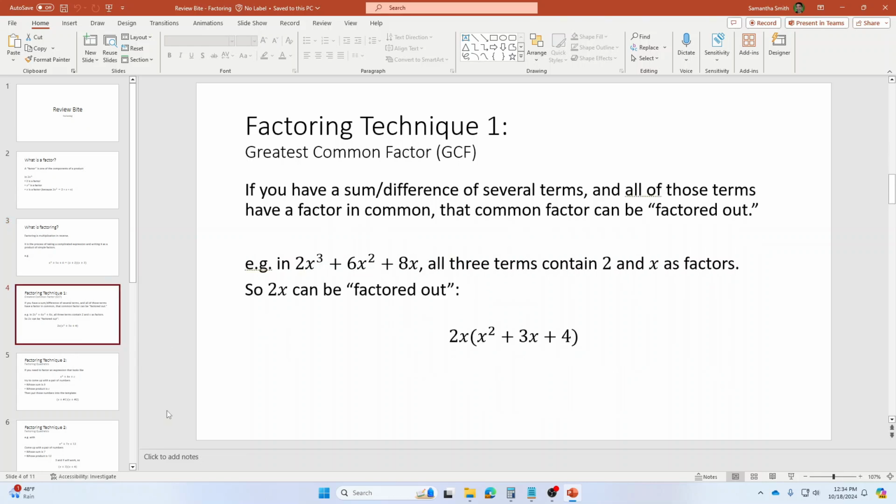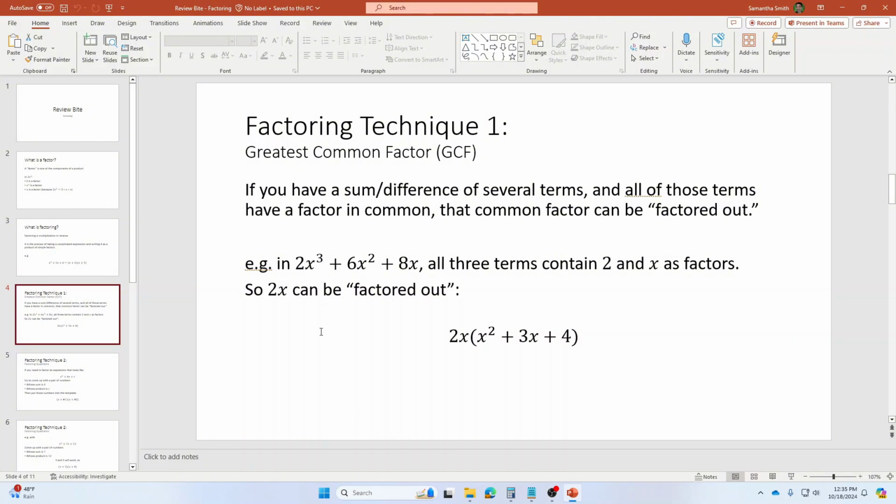Now, if you're given a complicated expression and you are asked to factor it, there are two main techniques that are used. The first main technique is what is called factoring out a greatest common factor, or GCF for short. And this happens if you're dealing with an expression where all of the individual terms contain a factor in common.